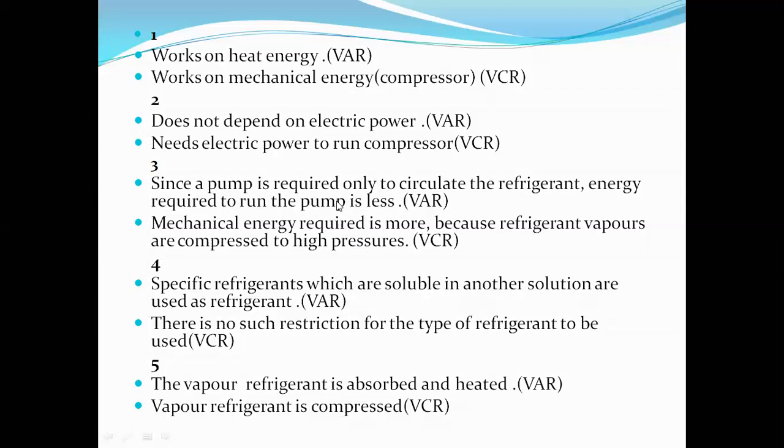Because of the pump in the vapor absorption refrigeration system, it requires less energy, whereas the vapor compression refrigeration system requires more energy because we need more power to compress the working fluid. The main function of the compressor is to increase the pressure, and the pump also increases the pressure.